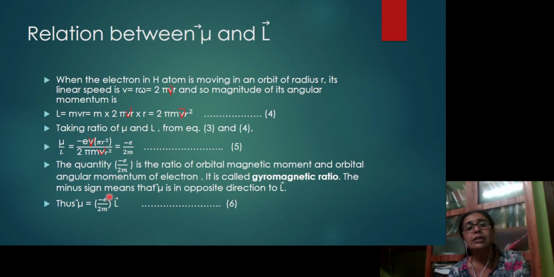The minus sign shows that the vector magnetic moment mu bar is in the opposite direction of the vector angular momentum. In vector notation, mu bar is equal to minus e divided by 2m into L bar. So vectorially, mu bar and L bar are in opposite directions.